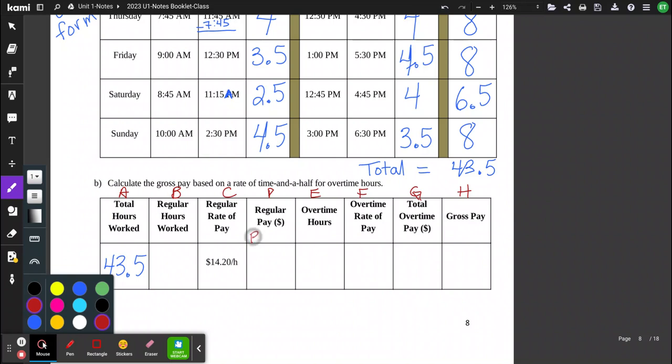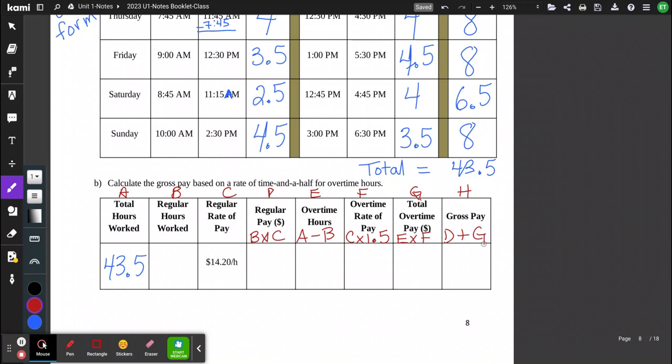D is B times C. E is A subtract B. This guy is C times 1.5. This guy is E times F. And this guy is D plus G.